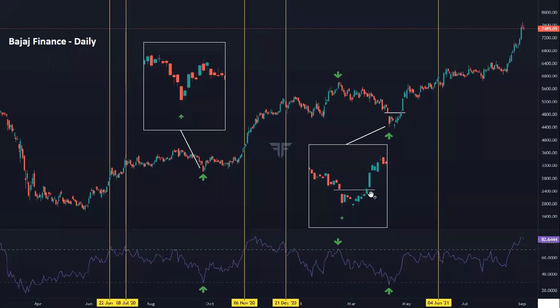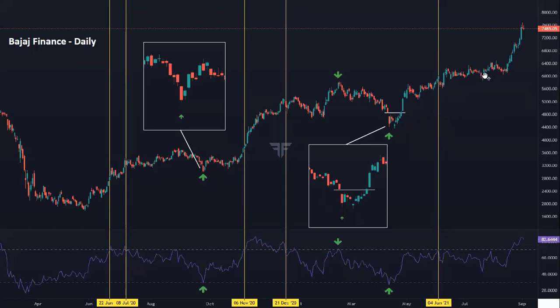So this is another instance wherein you could have bought the security and kept a stop loss below this swing low. This candle that you see over here, you could have kept a stop loss below that low and initiated a long trade. So that is how the price behaved. Here the RSI became overbought, but as you see, there was no confirmation from price.